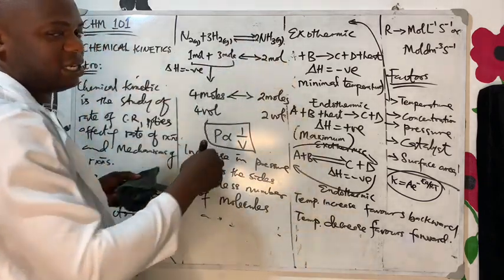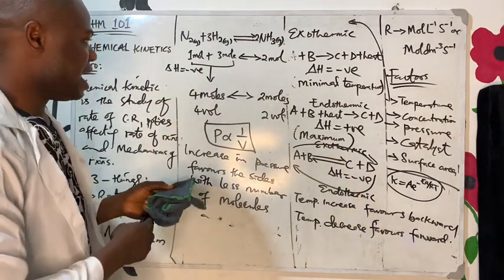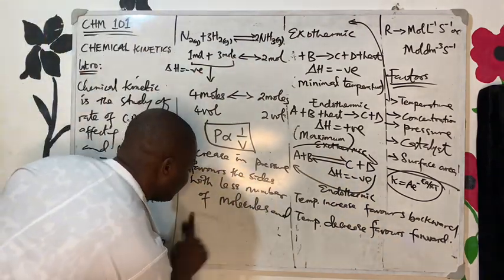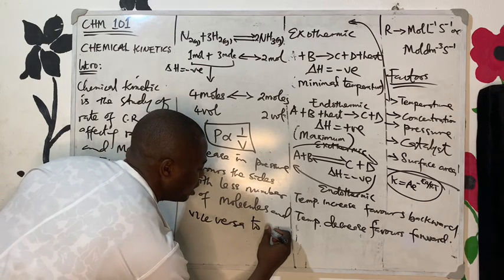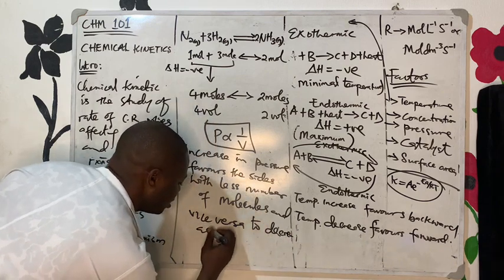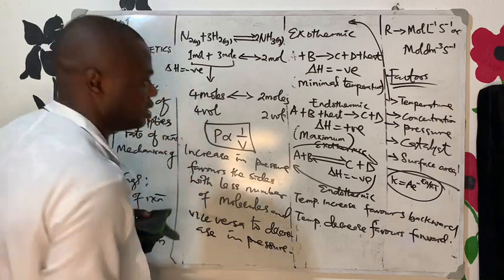That is the ammonia side. So increasing pressure will lead to more formation of ammonia, and vice versa. Decreasing pressure will favor the side that tends to increase pressure. So this is just what you need to understand.